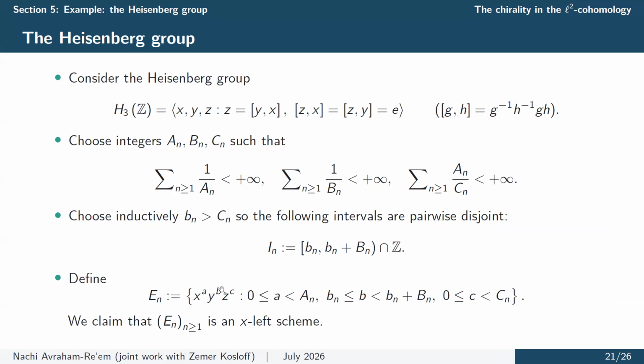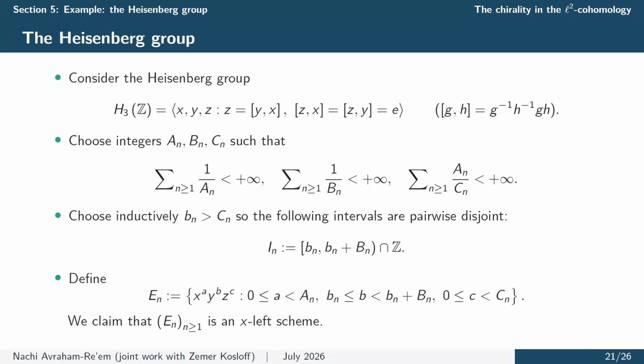I want to limit the power b of y to be between b_n and b_n plus capital B_n. And I want to limit the power c of z to be between 0 and C_n. These are just boxes in the Heisenberg group, parameterized by those integers, and I didn't yet specify any property of them.